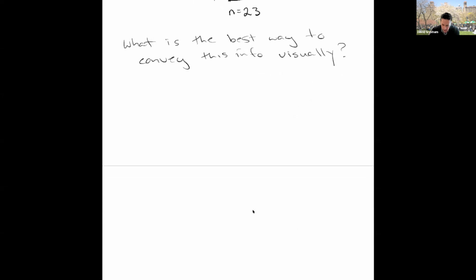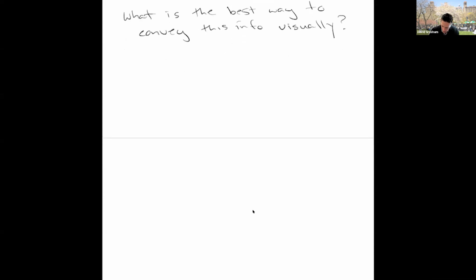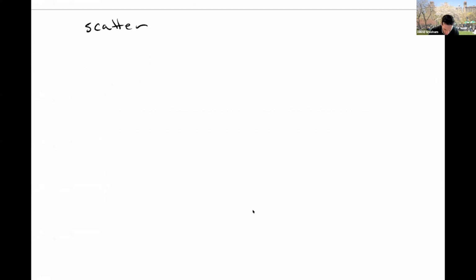So one way we could present this information is as a histogram, as Justin said. Another way would be some sort of scatter plot where we plot the data. So let me show you what a scatter plot might look like. So we could, for instance, make a y-axis scale here that has the GPA on it.